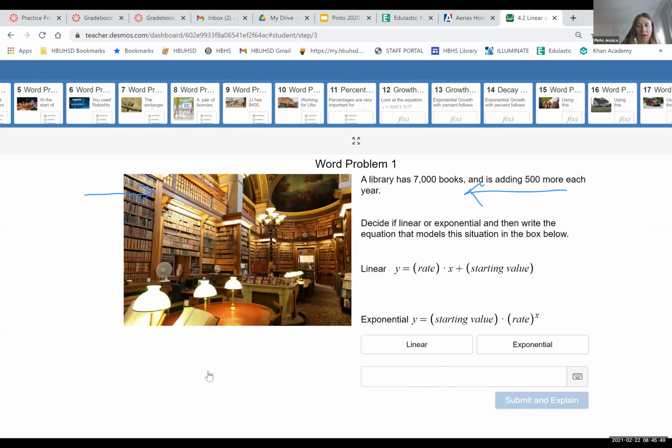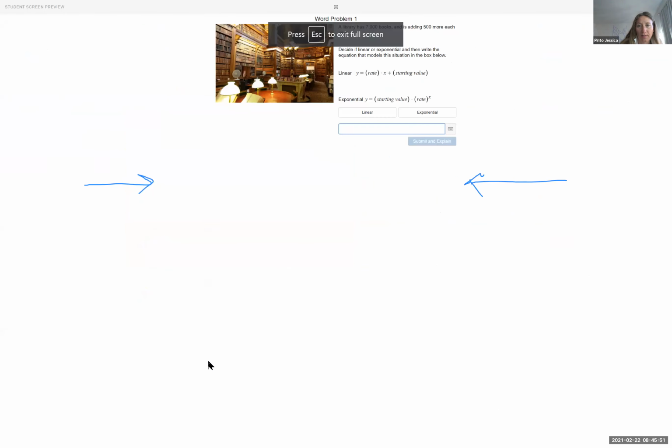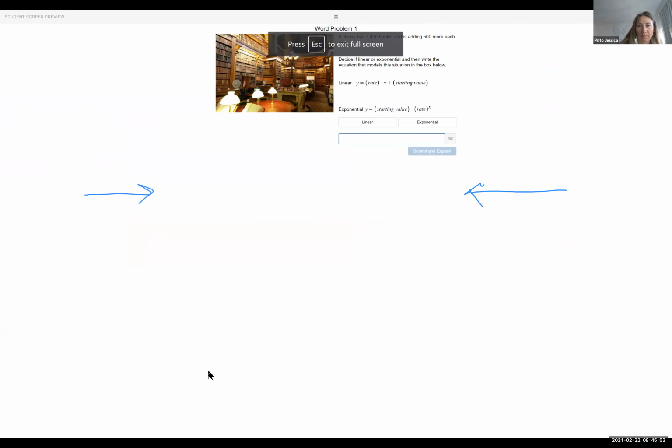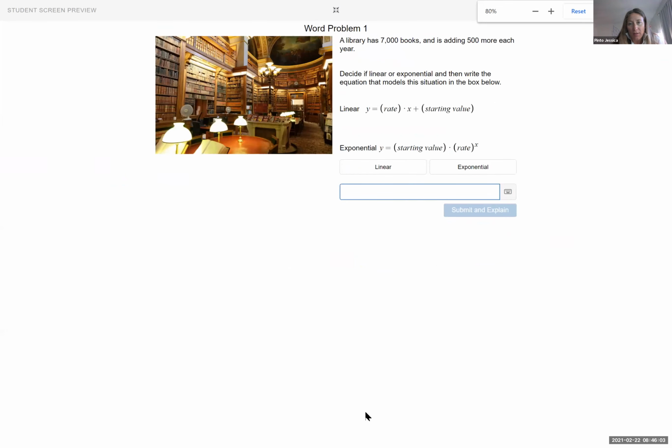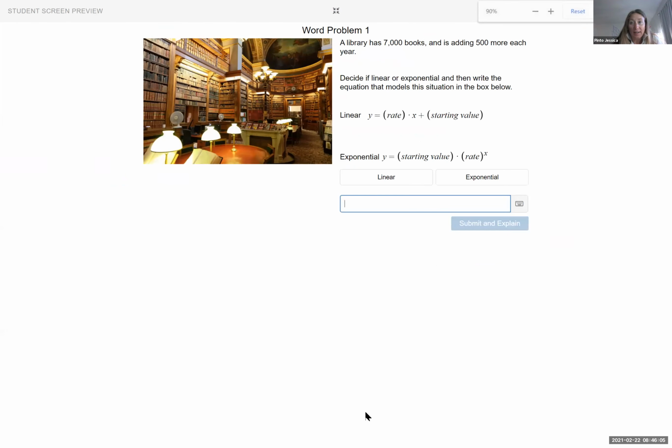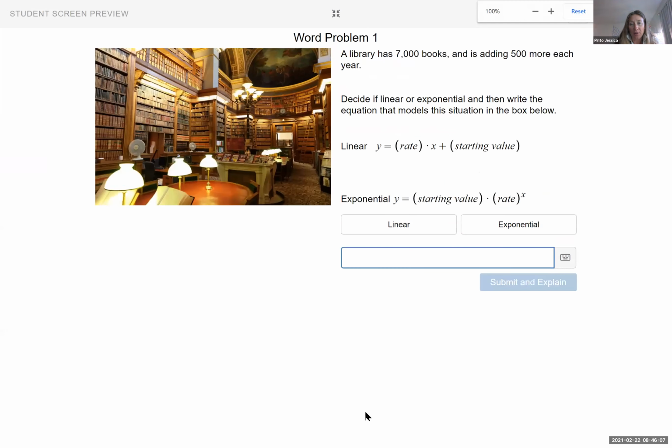So we've got a library. And so the library starts with 7,000 books and is adding 500 more each year. So it clearly said the word adding, so I know for sure that it's a linear pattern.